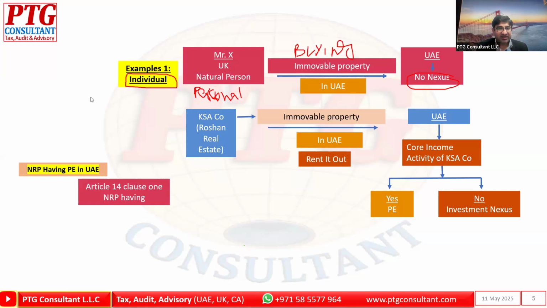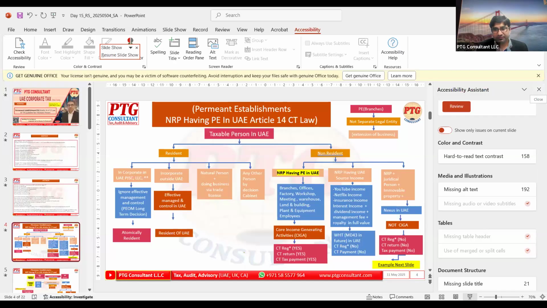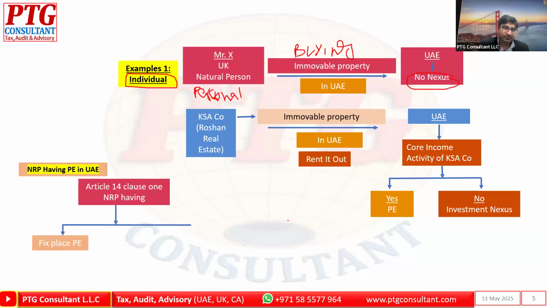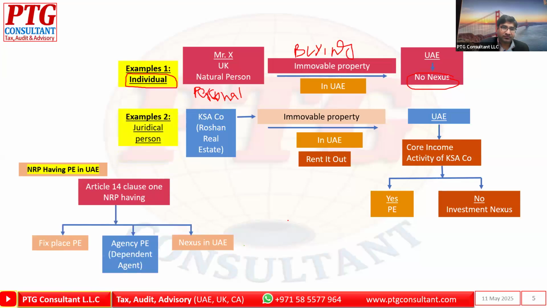So let's take another example. Okay, the next example is a juridical person. Guys, focus over here. Here is the natural person, the individual; here is the juridical person.